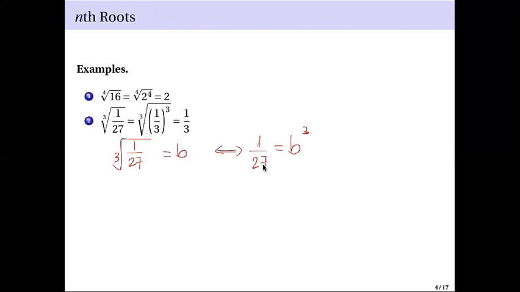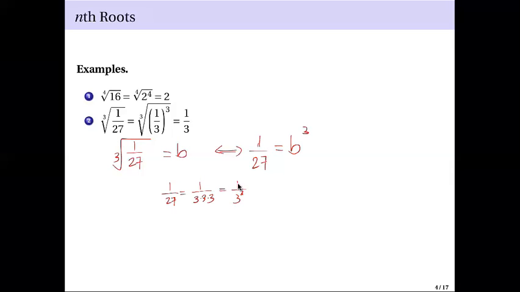But we know 27 is equal to what? 3 times 3 times 3. So 3 times 3 is 9, and 9 times 3 is 27. So we know that 27 is equal to 3 times 3 times 3. Or this is equal to 1 over 3 to the power 3.